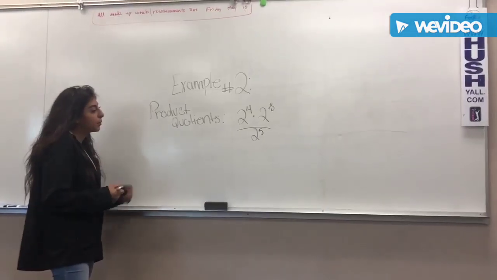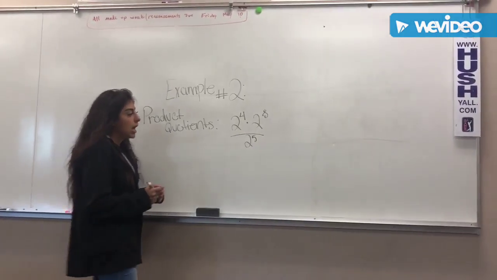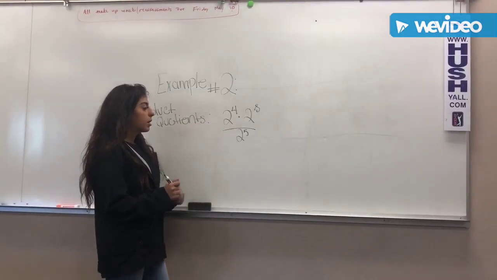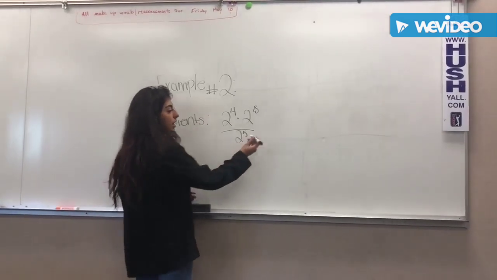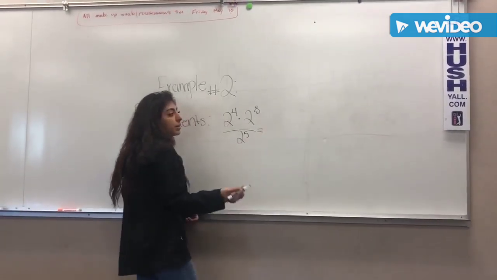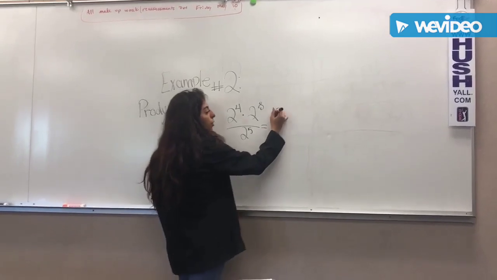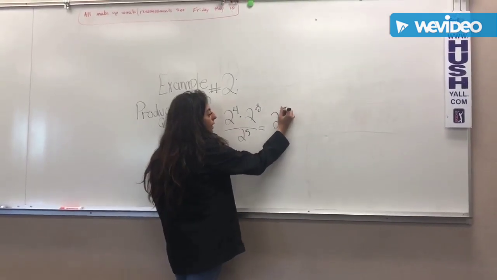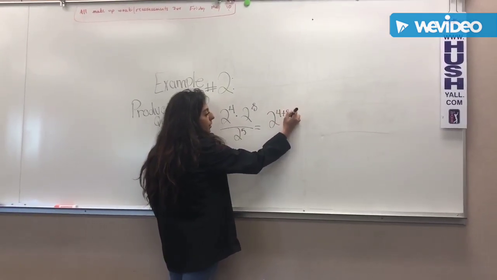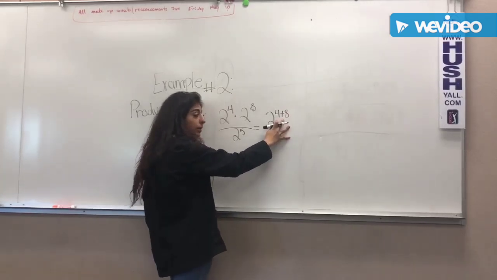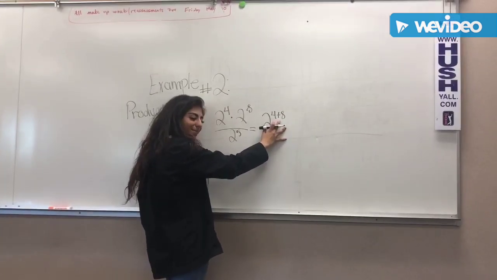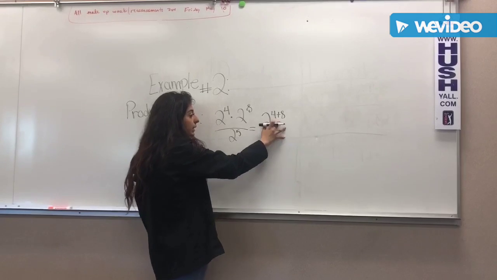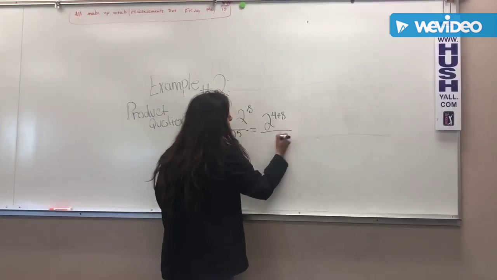For my example number 2, I'm going to be doing products and quotients. For that, this is going to be our example that we're using. When we simplify this using the methods that I've shown you, we'll add these together, the 4 and the 8. This is an example of the product property.